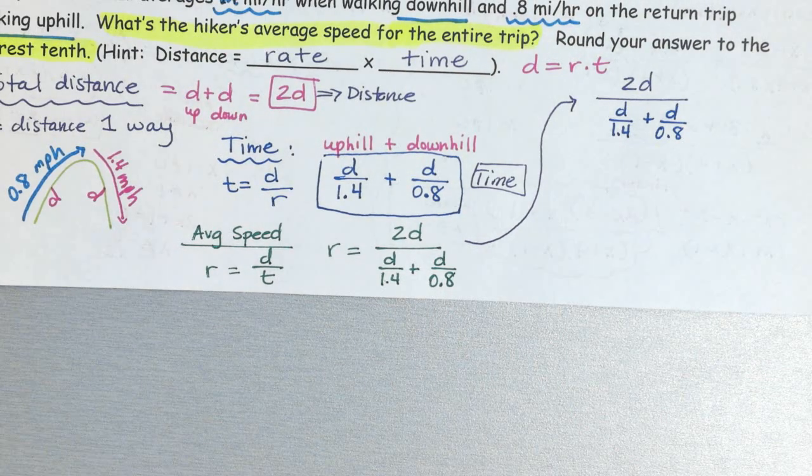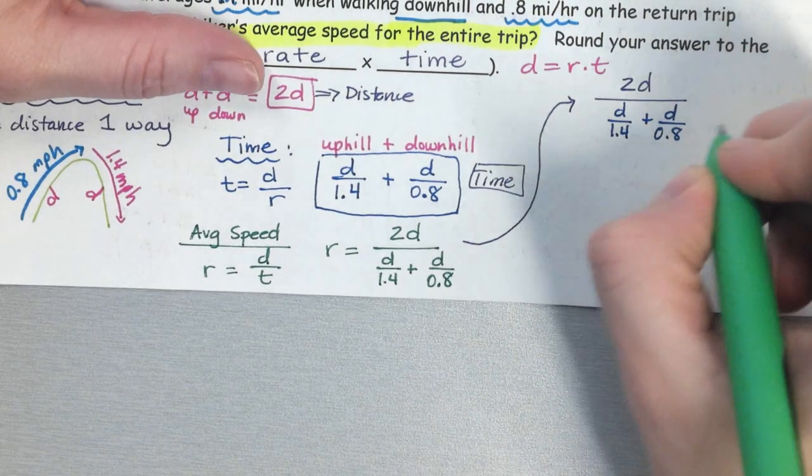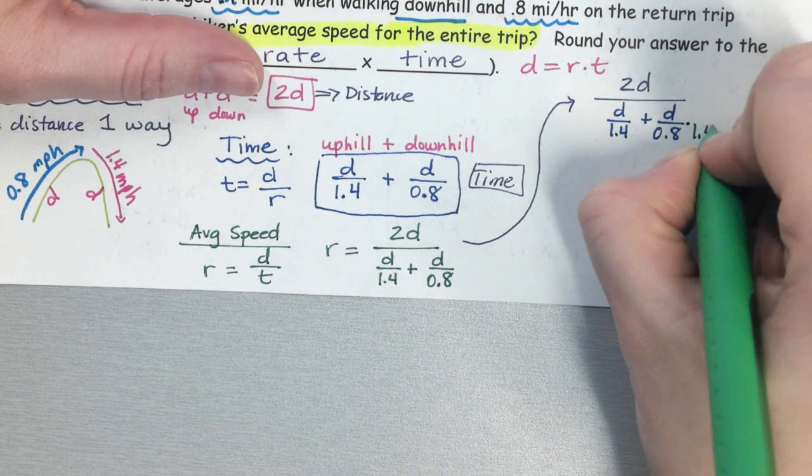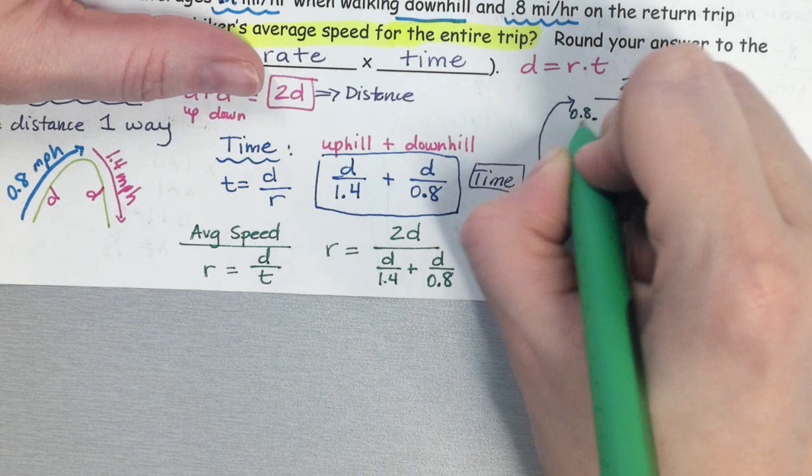The common denominator is just going to be those two multiplied together. So let's do 1.4 times 0.8 in our calculators. We're not going to be heroes today. I'll just tell you, it's 1.12. You guys trust me? Good.